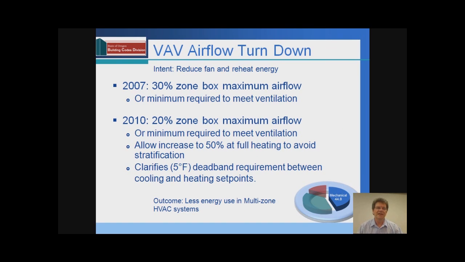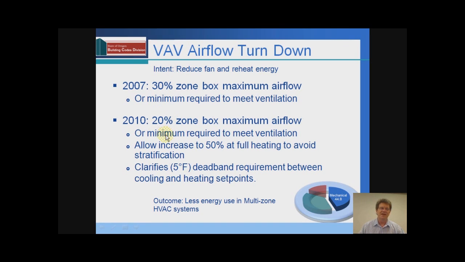Another change in the VAV portion of the code relates to the zone box minimum airflow. So the old code required a 30% zone box airflow maximum during a deadband, or it could be the minimum required to meet ventilation in that space, although that rarely applies. That limit of 30% is dropped to 20%.